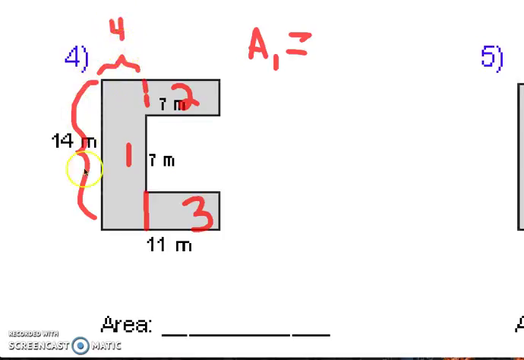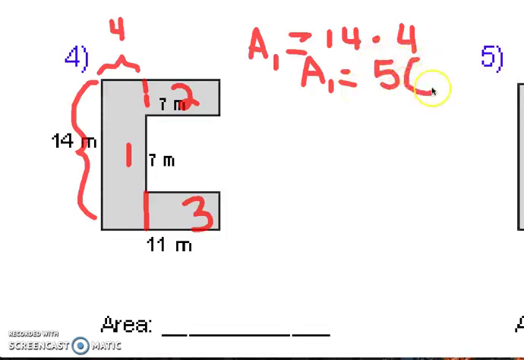So now we know the length is 14 meters, and the width is 4 meters. Our formula, as you know, is length times width, so 14 times 4 gives us the area of our rectangle number 1, and that is 56.